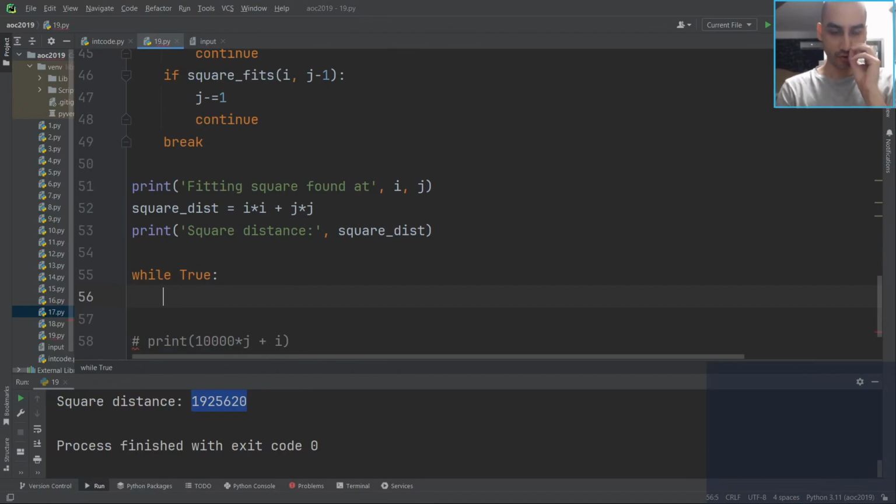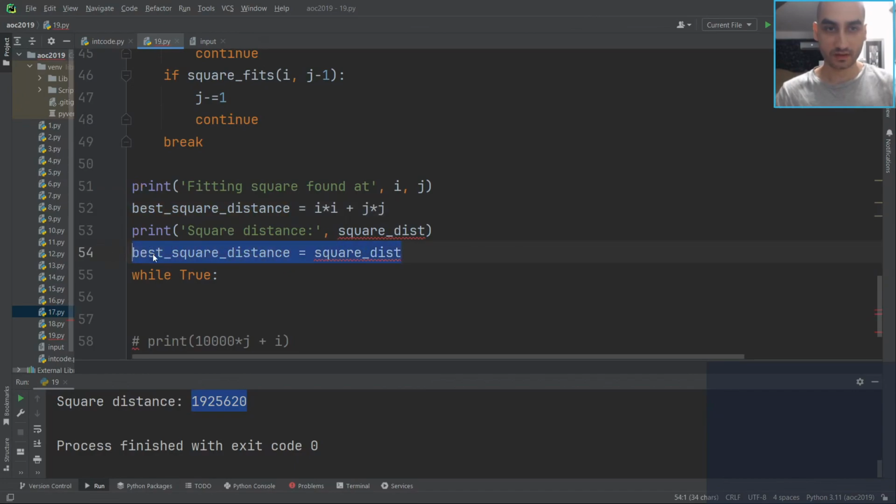So we're gonna try, see best square distance equals this. Or just say this for now.